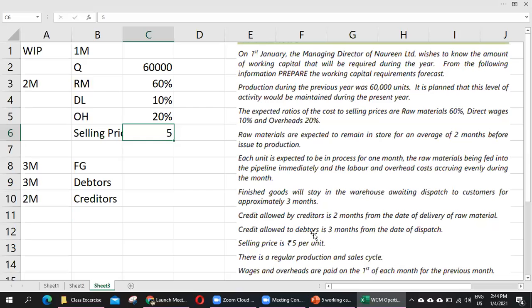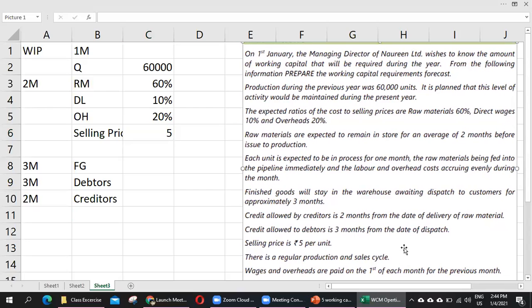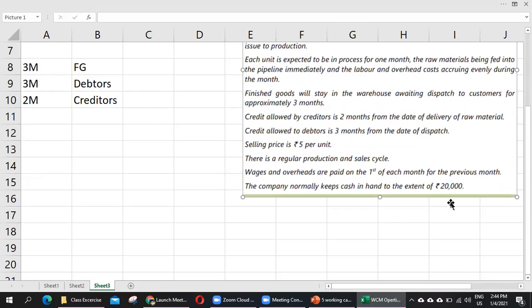And there's a regular production cycle, and wages and overheads are paid in 1 month. Sorry, wages and overheads are paid on the first of each month for the previous month. It means 1 month credit.